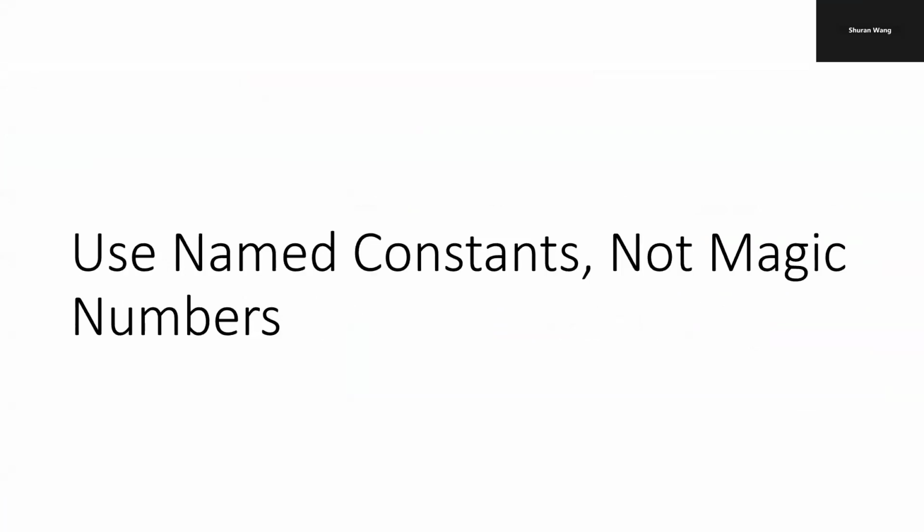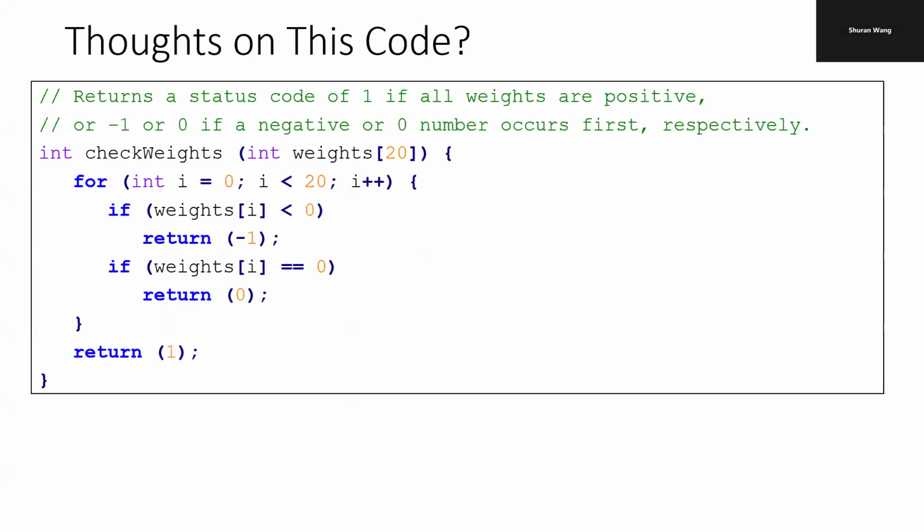Next aspect in coding style is always use named constants, not magic numbers. I get this very often in previous years, even though I keep emphasizing. This code loops over an array with weights.